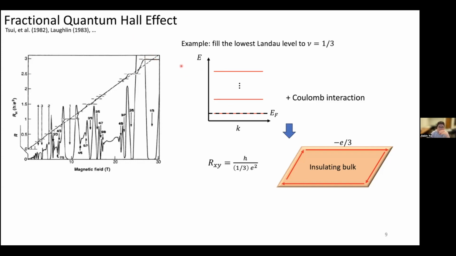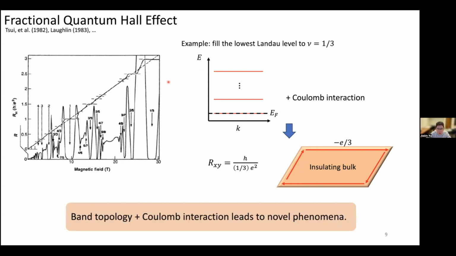So if we add Coulomb interaction back, we would naturally have a gapped bulk with anomalous edge mode, and this edge mode would carry fractional charge minus e over 3, which explains the quantized fractional value of the quantized Hall plateau. So this example already shows that the combination of interaction and non-trivial band topology can give us exotic physical matter, but this is 40 years old.